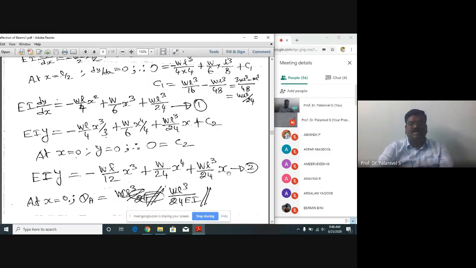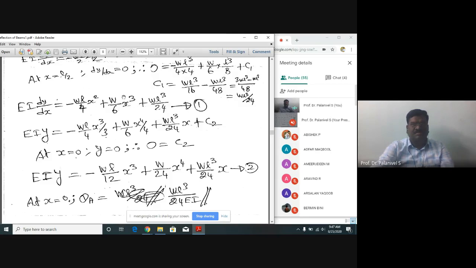Now I am interested in determining the slope at the support. What is the value of slope at the support? How do you determine it? At the support, x value is 0. At x equal to 0, theta A equals, where is the slope equation here? Equation 1. This is the slope equation. At x equal to 0, theta A means nothing but dy by dx at A, the slope at A. dy by dx at A is equal to 1 by EI into, in this expression, you have to substitute x equal to 0.